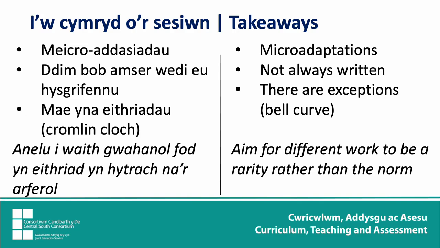Again, some subjects can adapt very well to mixed ability teaching. Some perhaps find it a little bit more challenging. So again, it's a school level decision, but there is a wealth of research, and the Education Endowment Foundation is a good starting point.